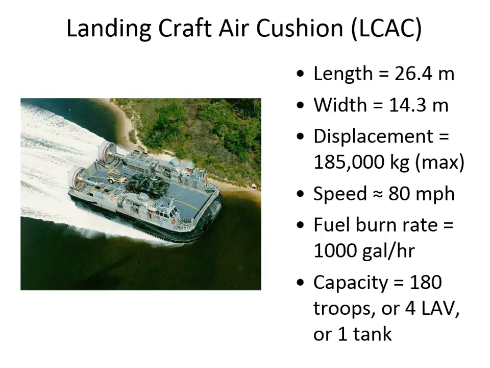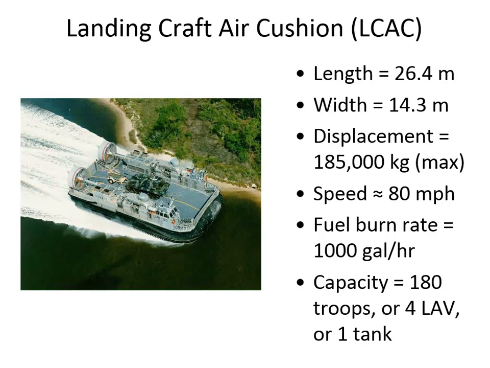The engines in these LCACs, if I remember correctly, are able to burn a variety of fuels, but most of the time what they'll put into it is jet fuel. It's actually a gas turbine, and jet fuel is very expensive because it has a very high octane. Jet fuel doesn't combust as easily. It burns at a higher temperature.